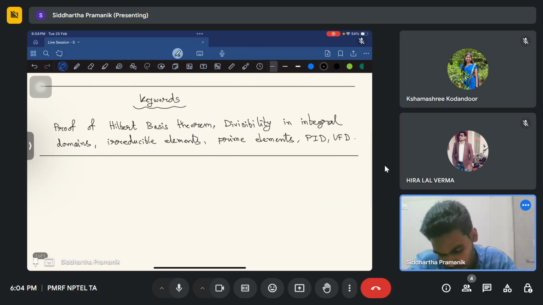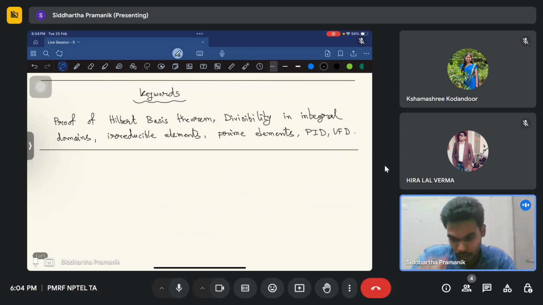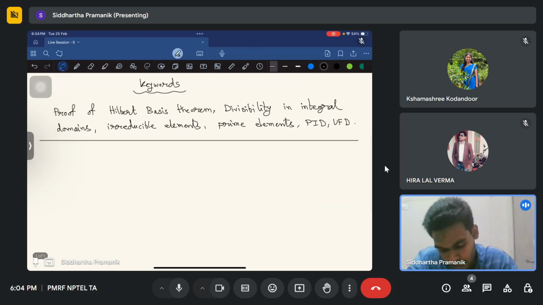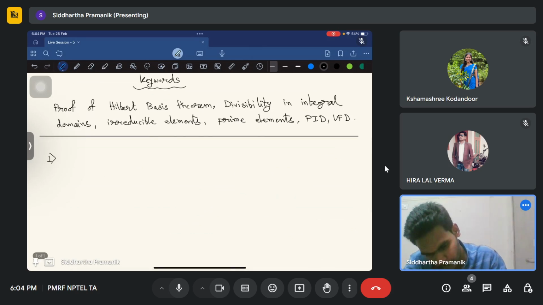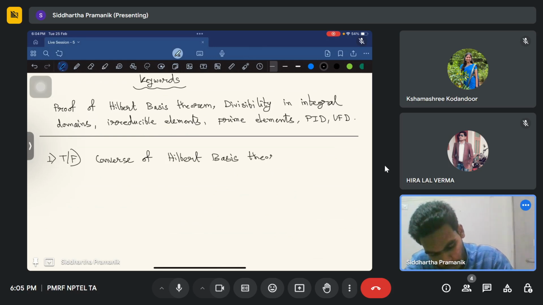Okay, so Hilbert basis theorem. Let's start with the converse of Hilbert basis theorem. Let me write this down as true or false: the converse of Hilbert basis theorem is true.